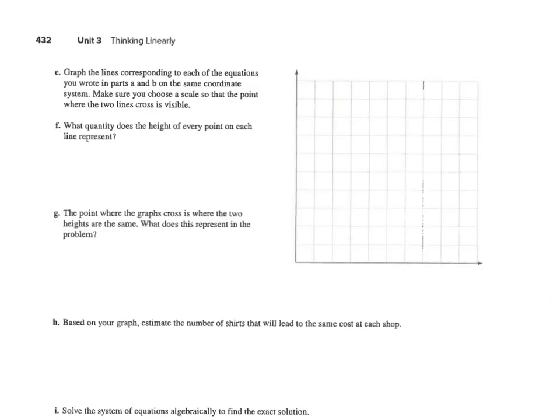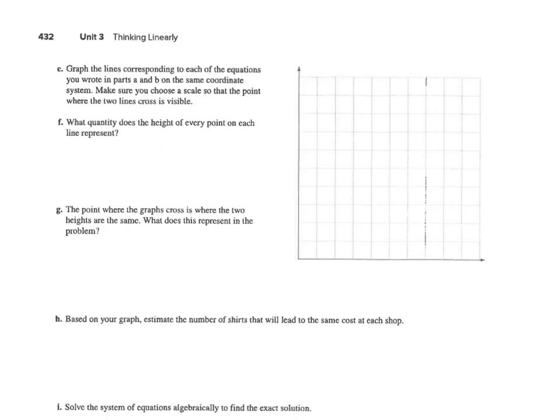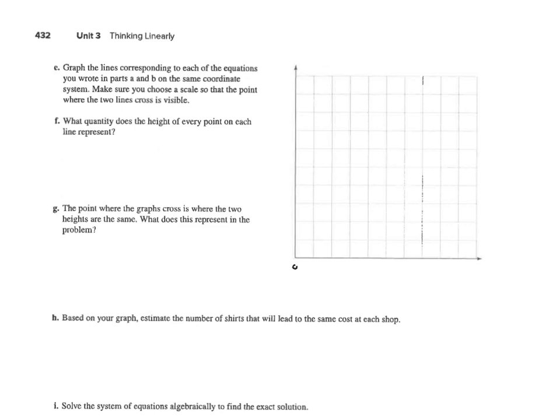All right, now they want us to graph the lines corresponding to each of the equations you wrote in parts A and B on the same coordinate system. Make sure you choose a scale so that the point where the 2 lines cross is visible. So we were estimating 11, so let's try 0, 2, 4, 6, 8, 10, 12, 14, 16, 18, 20, and this is the number of shirts.